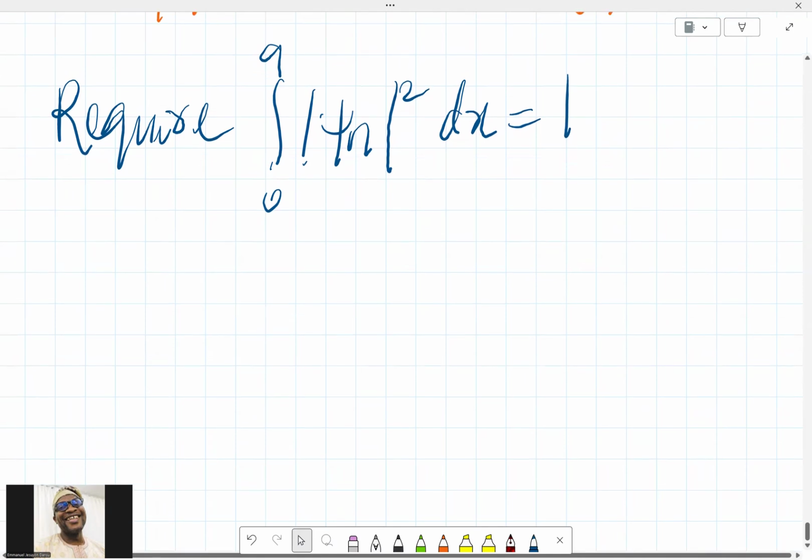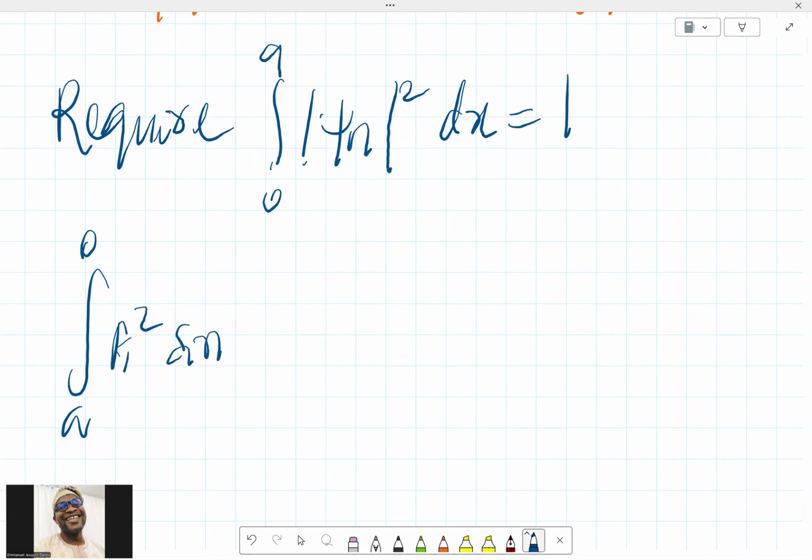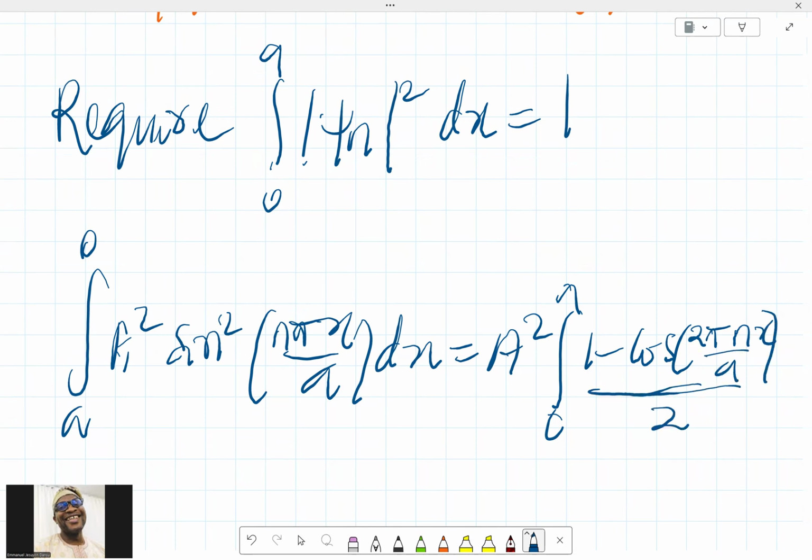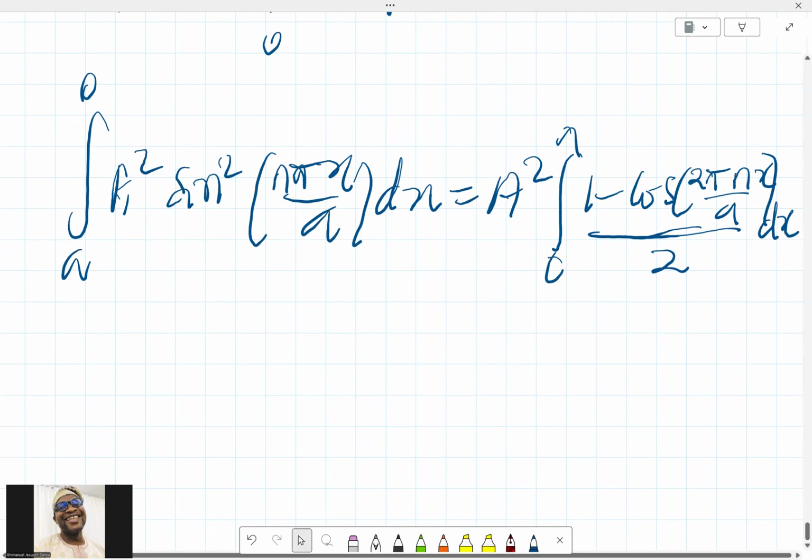So that means the integral from 0 to a of a squared sine squared n pi x over a dx is equal to a squared integral from 0 to a of 1 minus cos 2 pi nx over a, all over 2, dx.